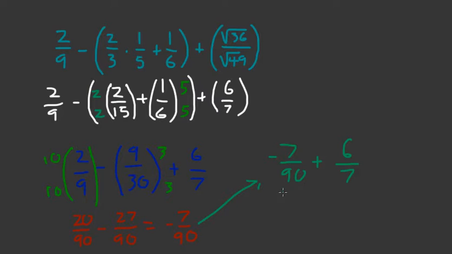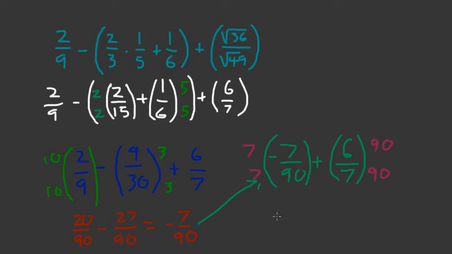So 90 times 7 is 630. So we're going to multiply all of this and all of this by the numbers needed to get 630. This times what will equal 630? Well, that's 90, and if we do that to the bottom, we do that to the top. And then we'll do this by 7, because 7 times 90 equals 630.